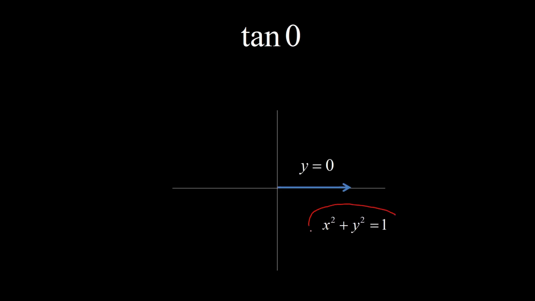Try another one. Tangent 0. So here's our coordinate system. Here's a 0 angle where the initial and terminal are in the same place. And notice with this 0 angle, I don't recall why I put that in there, Pythagorean theorem.